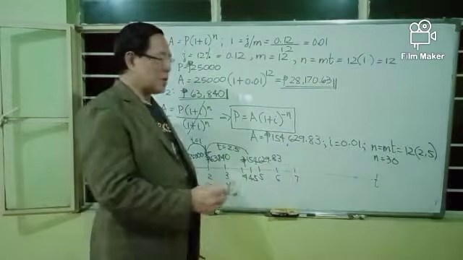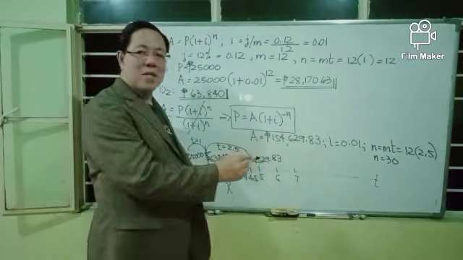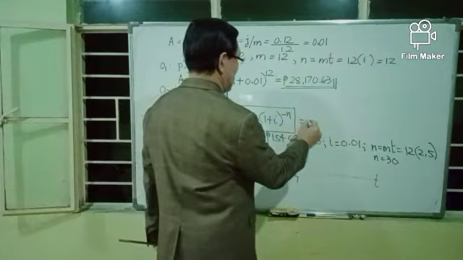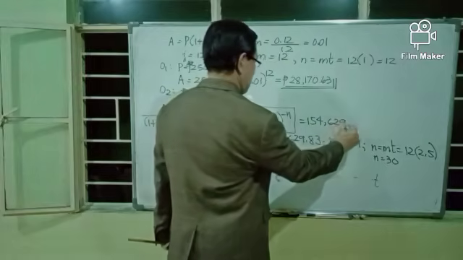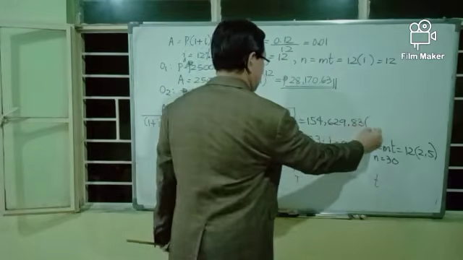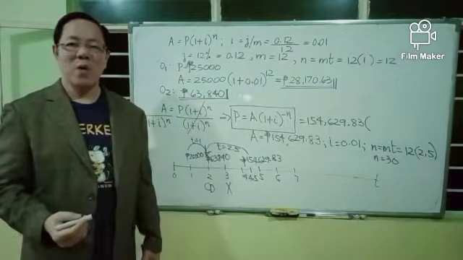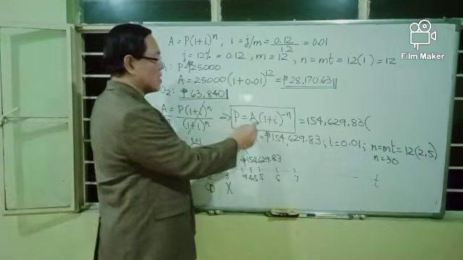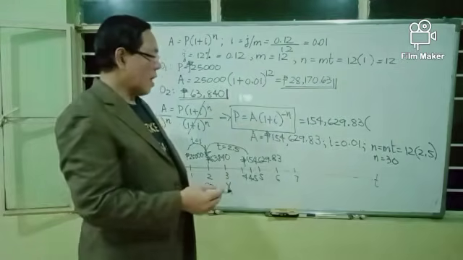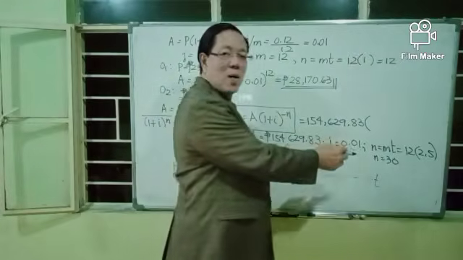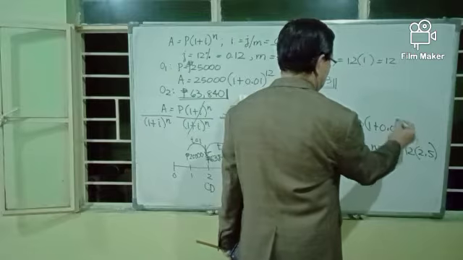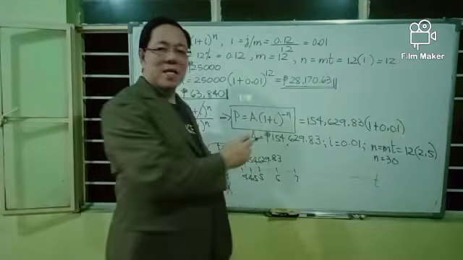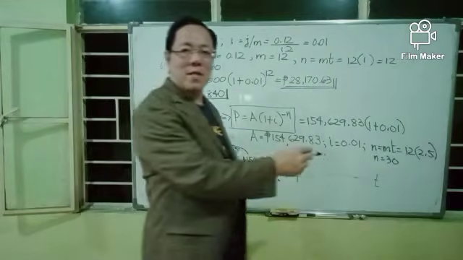We substitute A is 154,629.83 multiplied by quantity 1 plus i, where i is 0.01, to the power negative n, where n is 30.